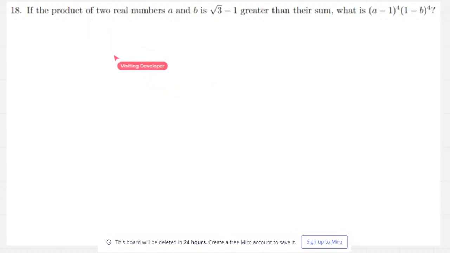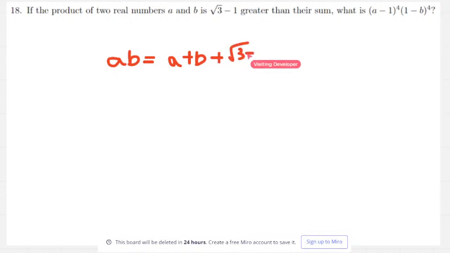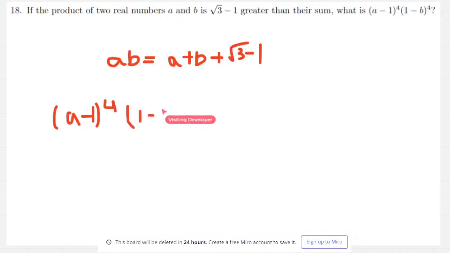We know that a times b is root 3 minus 1 greater than a plus b. And so we want to find a minus 1 to the fourth power times 1 minus b to the fourth power.